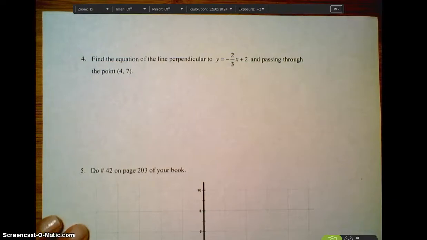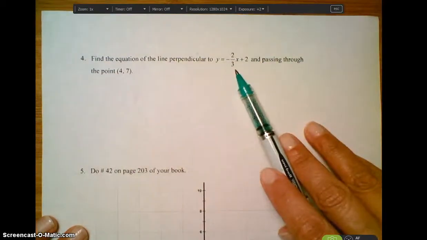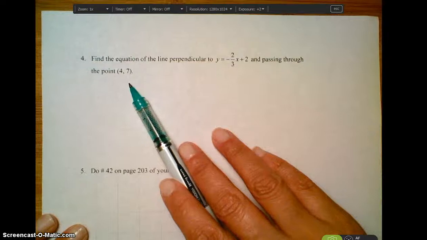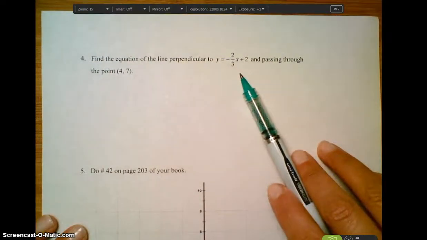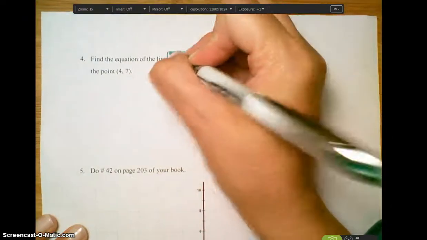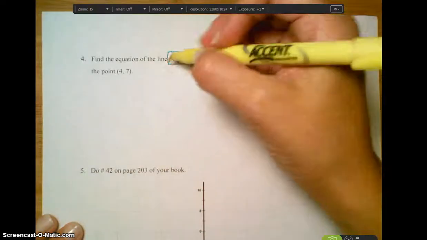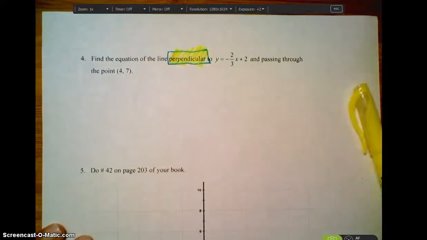Here on page 3, we're looking at example number 4. We're looking for the equation of the line that's perpendicular to this line and passes through the point 4, 7. When I see the keyword perpendicular, I think to myself, that means slopes are opposite reciprocals.